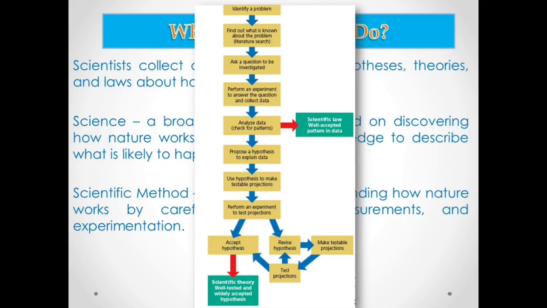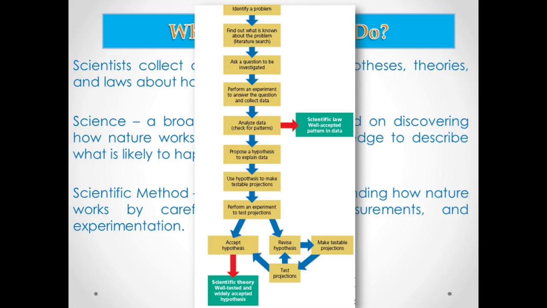After that, you collect data, make observations, gather the data, then perform an experiment, then analyze the data, and so on. Just by following the flow of this diagram, this is the complete set of doing scientific methods.